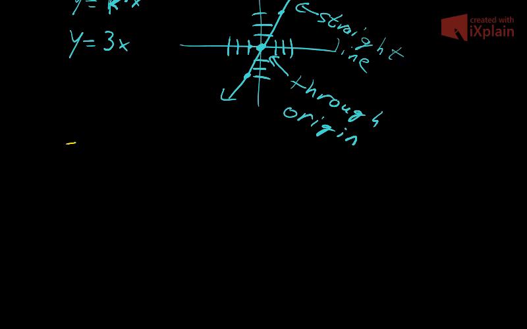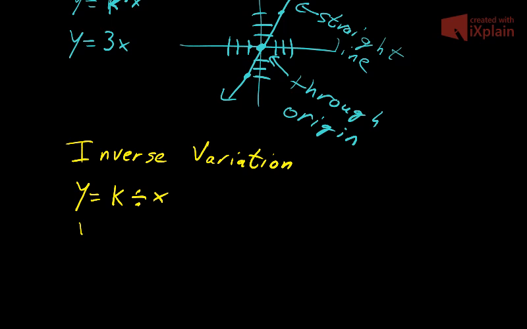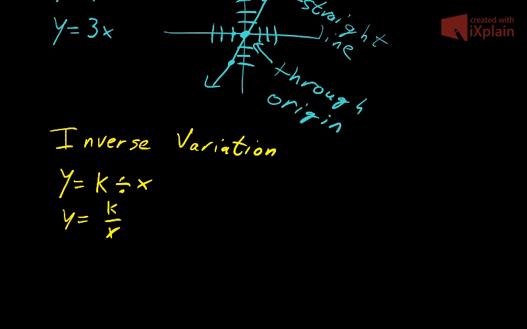So inverse variation is when we have, instead of y equals something times x, y equals something divided by x. So we're going to have y equals something, or k, divided by x, or y equals k over x. And anytime we have anything that looks like this, it's inverse variation.